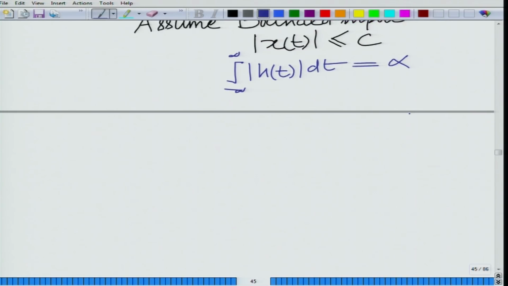Now we have to show that the output is bounded.